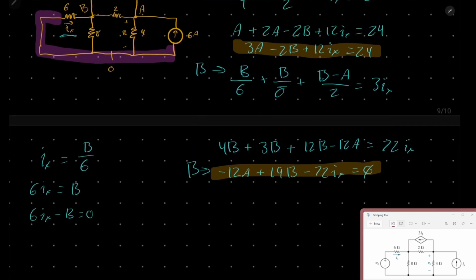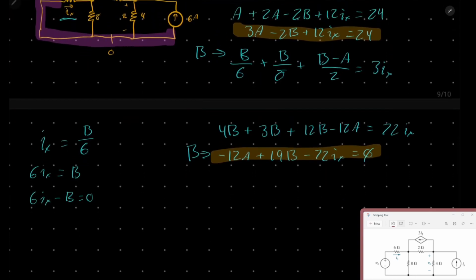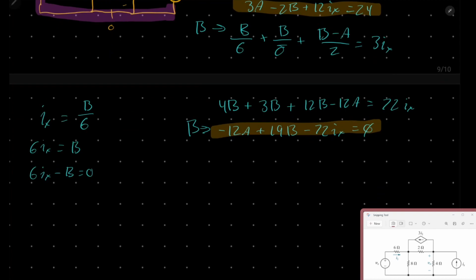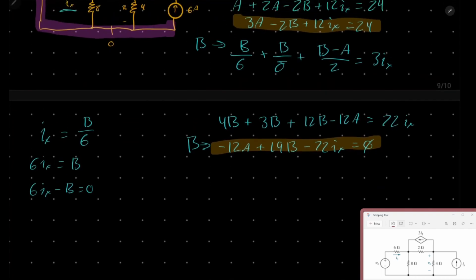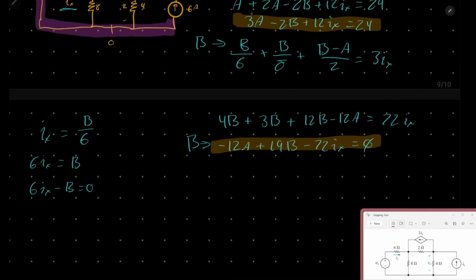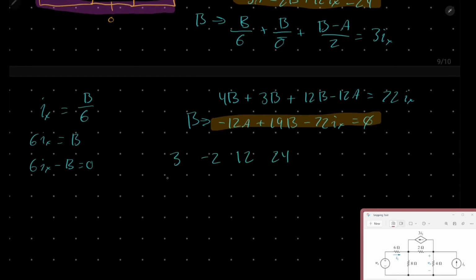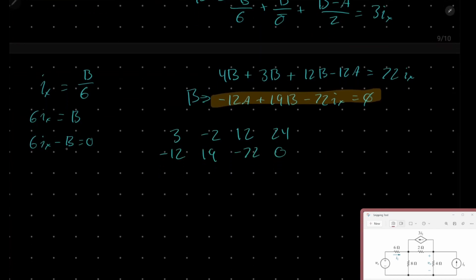And then we can now create our matrix that we're going to use for node analysis. So start off with this top, our A node, 3, -2, 12, 24, and then our B node right here, -12, 19, -72, 0, and then our Ix, which will be 0, -1, 6, 0.